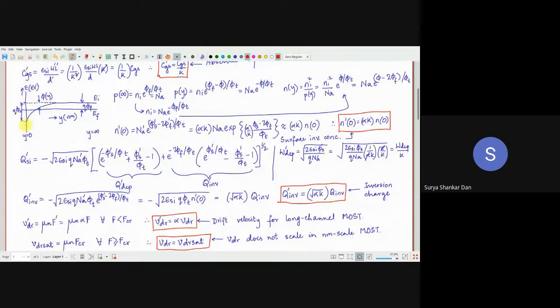When we look into the potential profile inside the MOS capacitor or the MOSFET, whatever you can say. So what we understand, this is a familiar picture to all of you by now. So the P infinity, that is y equal to infinity here. Okay. So this is your y equal to infinity. So P infinity is equal to Ni e to the power of phi f by phi t. All right.